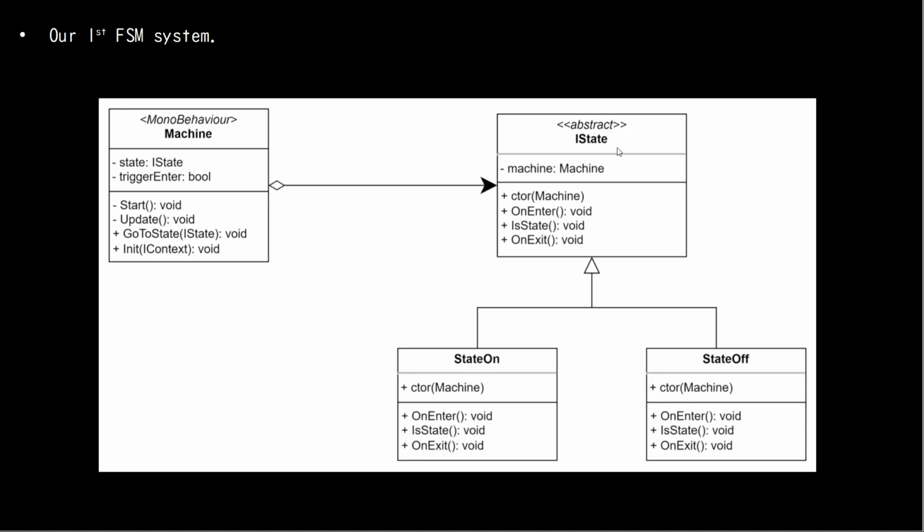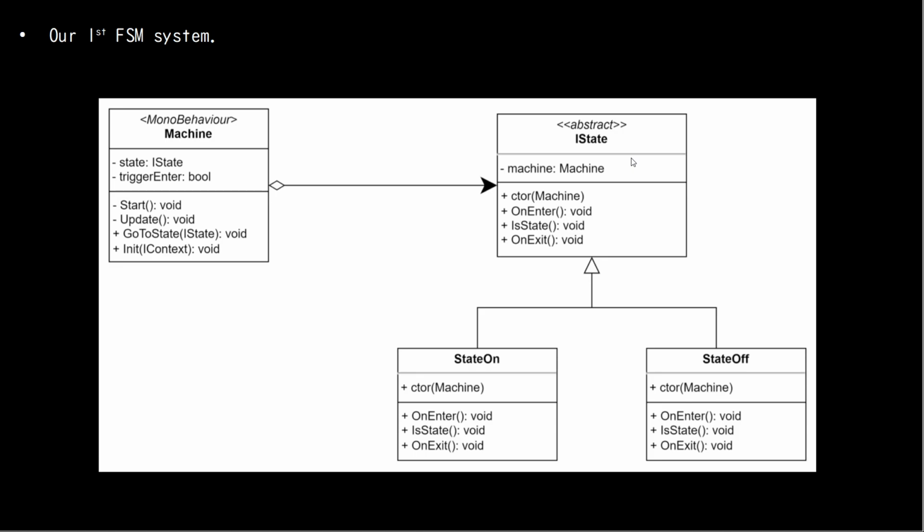If you ask me when is the chance to do so, please take a look here. In this IState, I have a member reference called machine, which has a type of Machine. Do you know that an interface in C# can have any member reference or member variable, field, property, something like that?